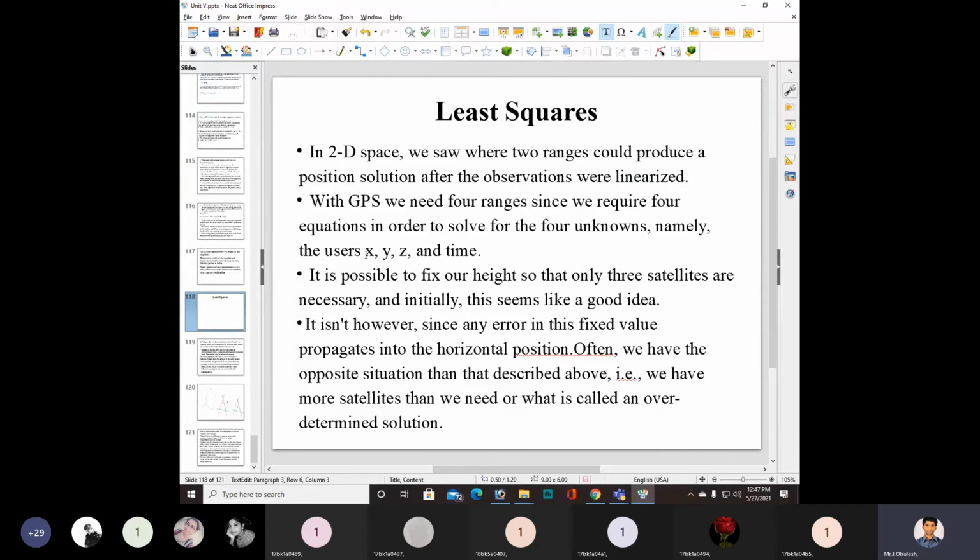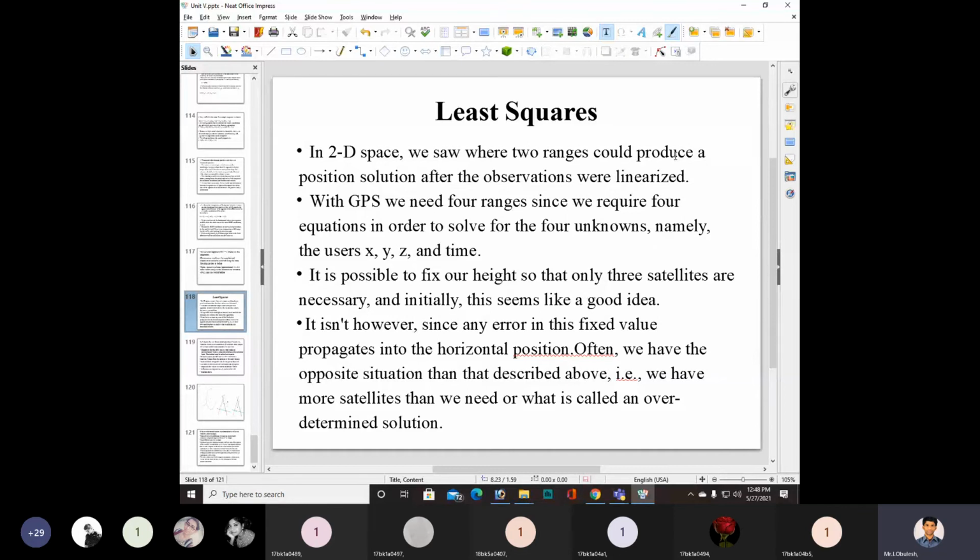With GPS, we need 4 ranges, since we require 4 equations in order to solve for the 4 unknowns, namely the user's X, Y, Z and time.